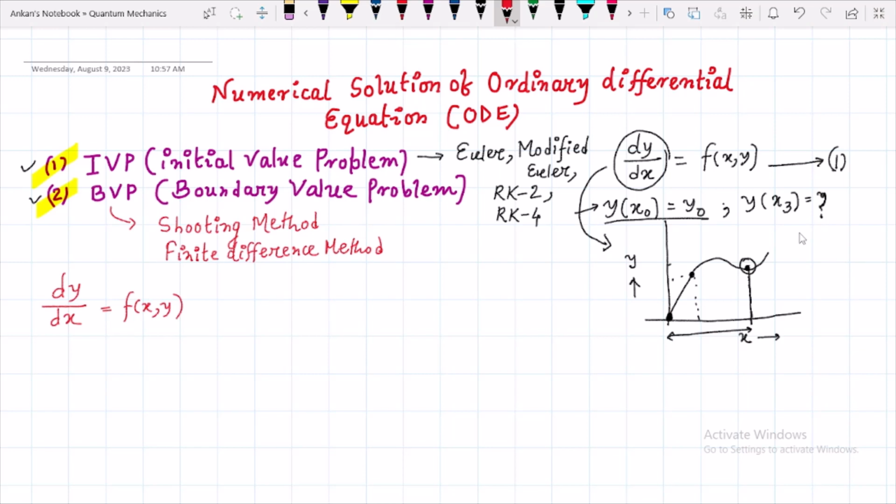You have to keep in mind that it must satisfy some conditions known as the Lipschitz condition. So the problem must satisfy the Lipschitz condition to get solved. So what is the Lipschitz condition?